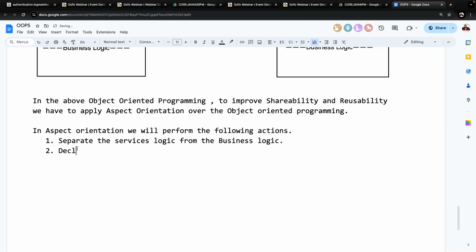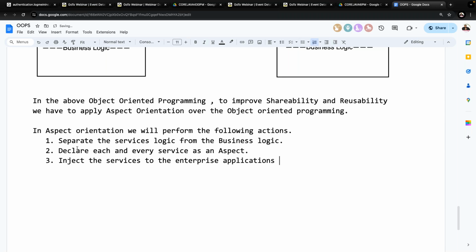Number 2. Declare each and every service as an aspect. Declare each and every service as an aspect. Okay. Next one is, inject the services into the enterprise applications at runtime.